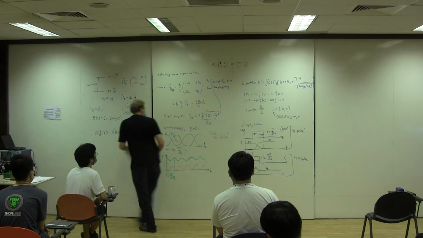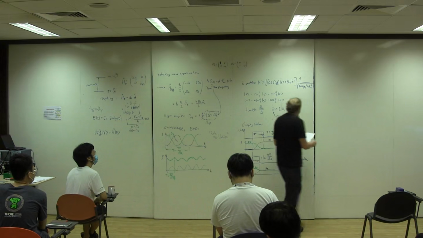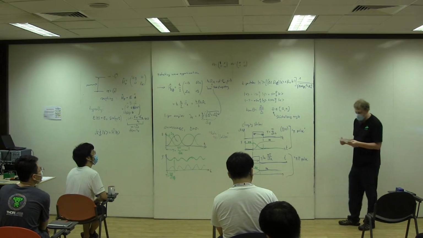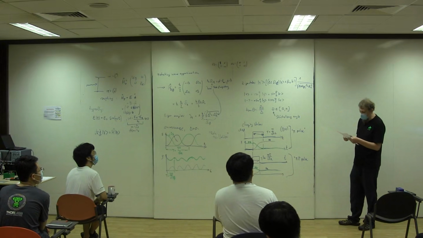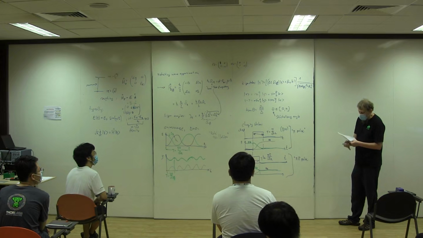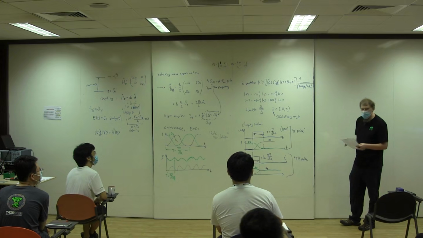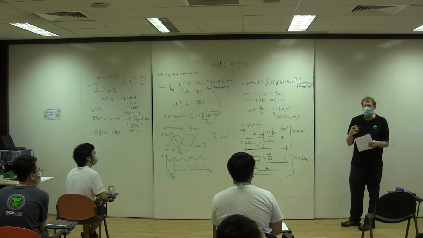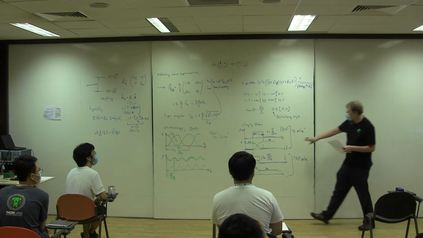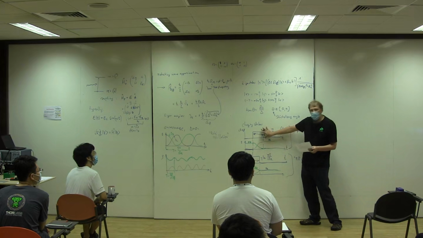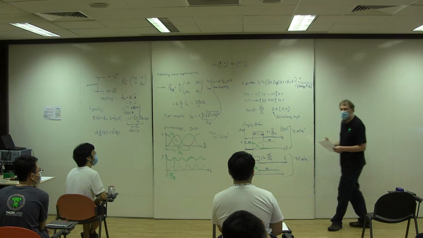There's one more thing that is worth mentioning, since we just have this formalism on the wall here. You can also try to do adiabatic transfers. In order to bring something from the ground state to the excited state, you can either use a pi pulse or an adiabatic transfer.